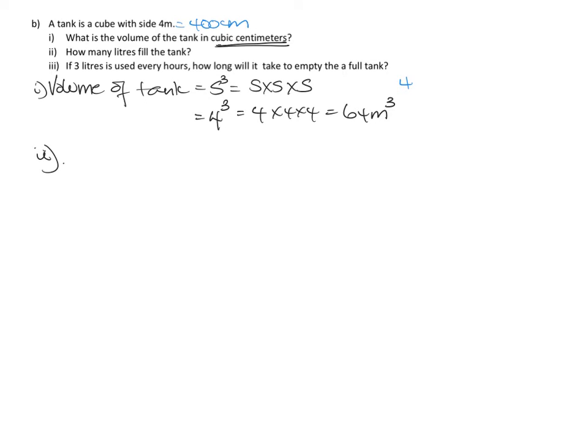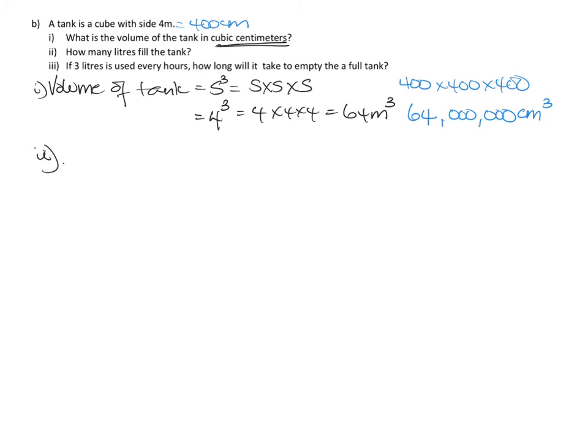So we will get 400 by 400 by 400, and that will give us 64 with 6 zeros centimeters cubed. So that will be our answer in centimeters cubed.